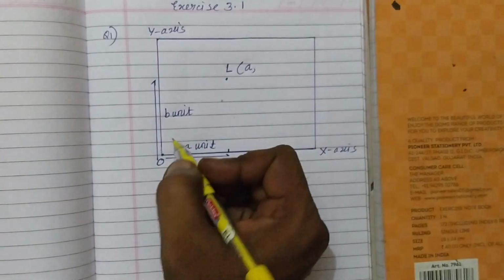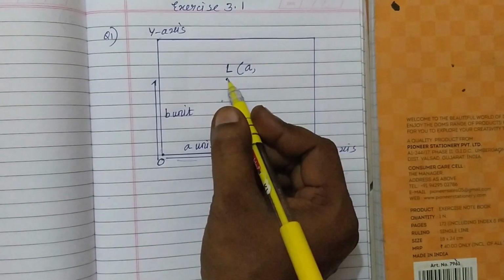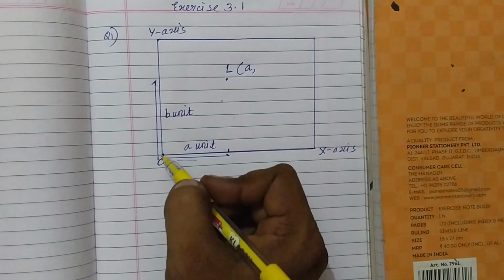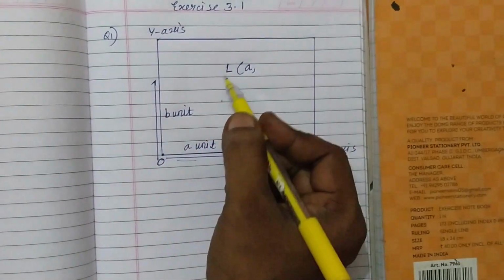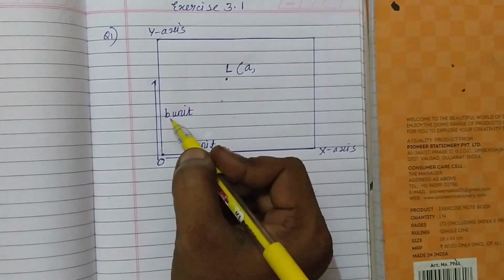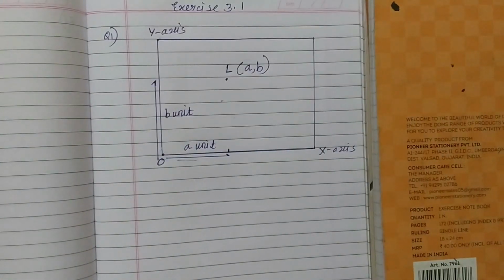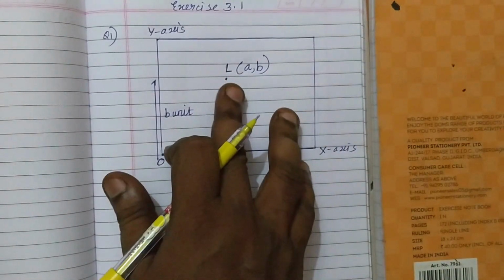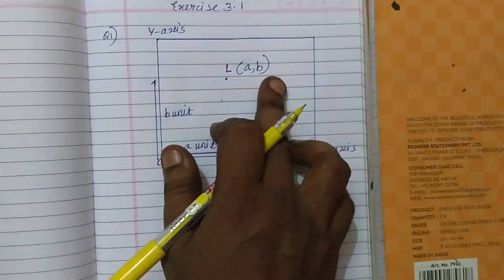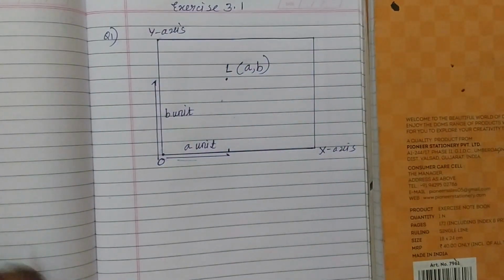And your y coordinate is nothing but the distance of point L from the origin, so it is b units. So here we will write the y coordinate as b. So this will give you the position of the lamp with respect to x and y coordinates. So this will be your answer.